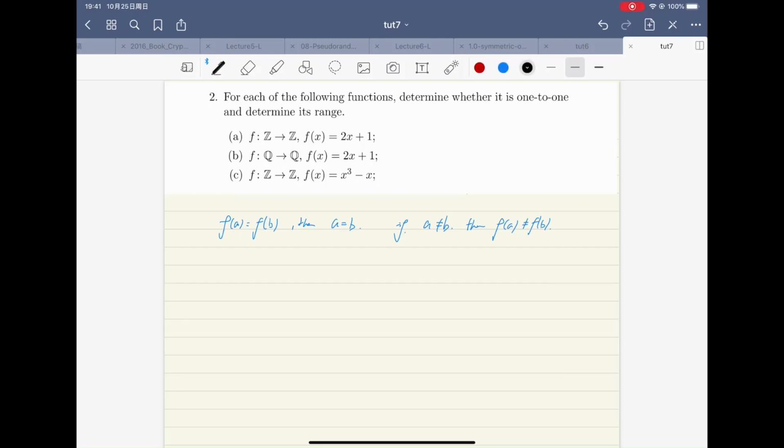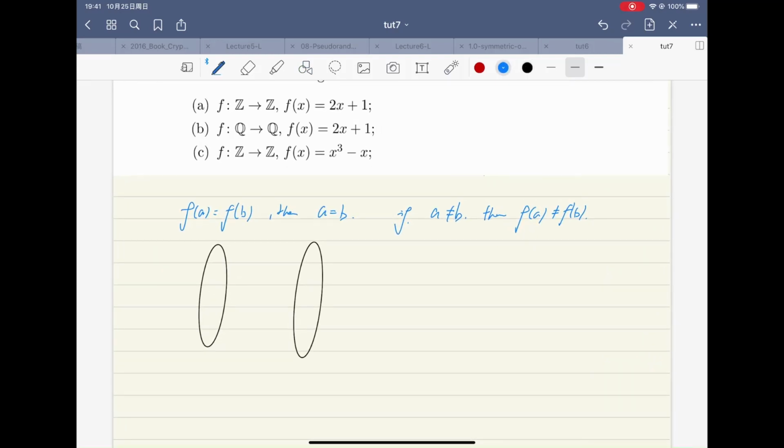To make it clearer, I will draw a diagram. Consider this one is the domain and this is the codomain or range. We have values like -3, -1, 0, 1, 5 in the domain, and 0, 1, 2, 3, 4 in the range.